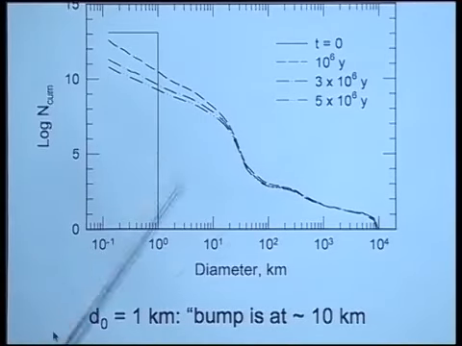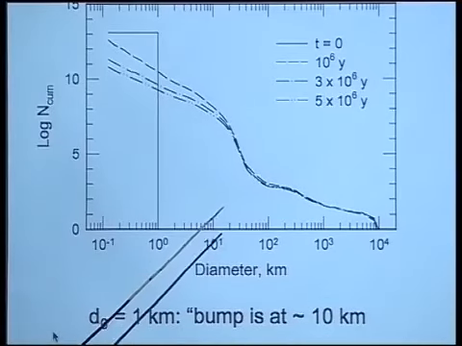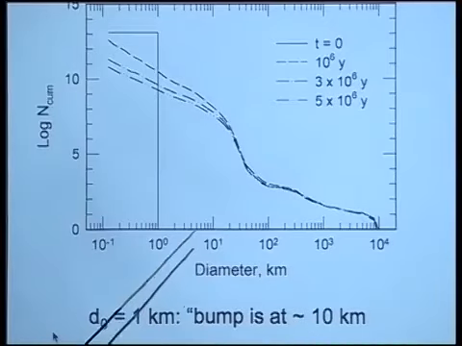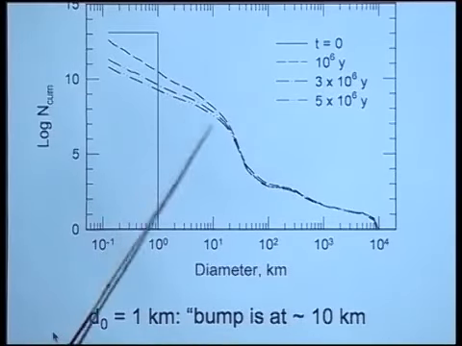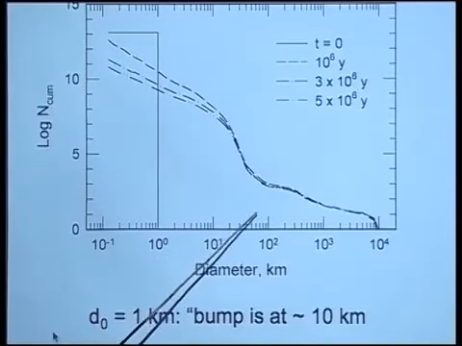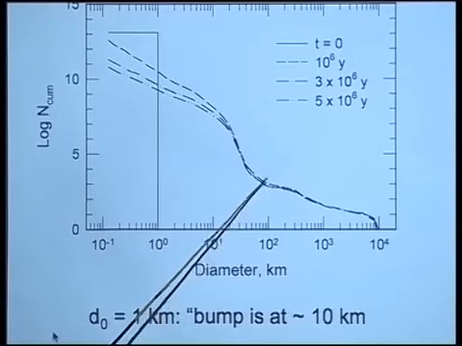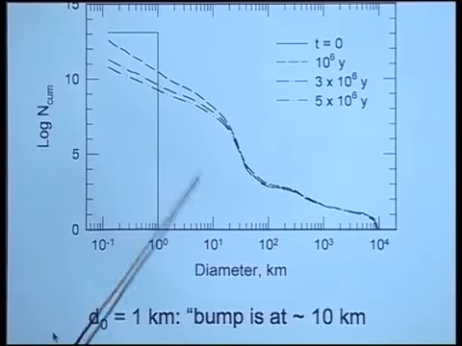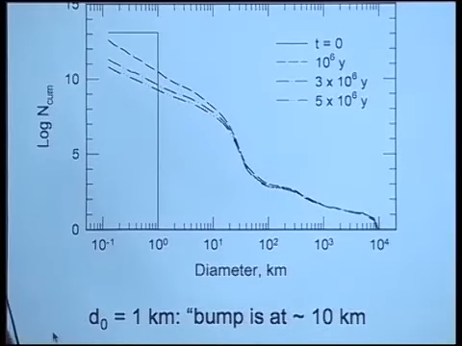We let this evolve for several million years, which is the time when presumably the dynamical depletion of the asteroid region began after you'd formed Jupiter. And you form this kind of wavy size distribution, but instead of having a hump at 100 kilometers, you have a lack of bodies there, and you have far too many at about 10 kilometers in size. So this doesn't work. Spectacularly, it doesn't work.